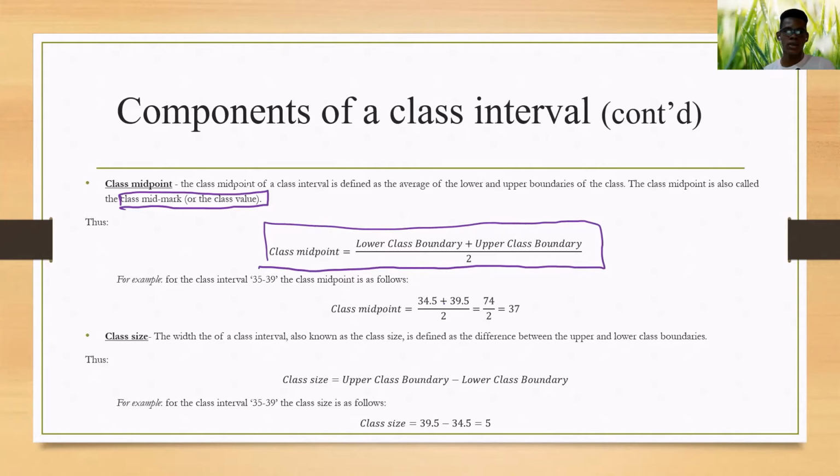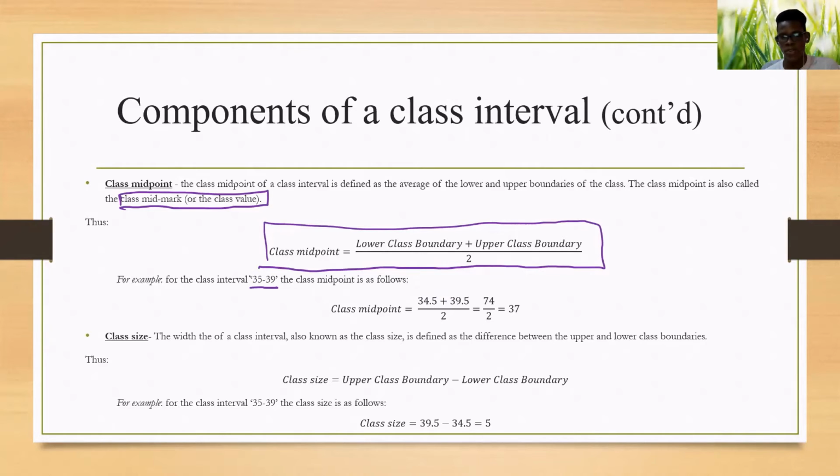Now, I want to ask, what do you notice about your class midpoint? This is just an example here for the class interval. We like to use this one, 35 to 39. For the class interval 35 to 39, the class midpoint is equal to the lower boundary plus the upper boundary, divided by 2. So the lower boundary is 34.5.